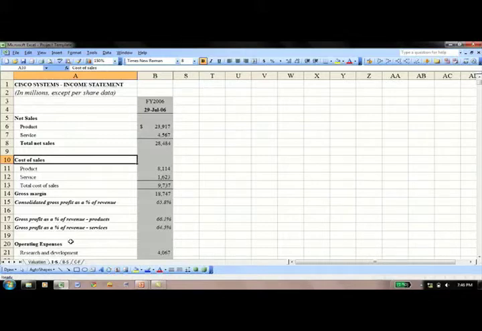And as you can see, Cisco is doing quite okay, where it has a total cost of sales on product of about 8 billion. It manages to sell these products for a total of close to about 24 billion, which is almost 3 times. Not bad. Likewise, it's got its cost of service, which appears to have roughly the same 1:3 ratio. The service cost is 1.63 billion, and the revenue generated from the service is about 4.5 billion.